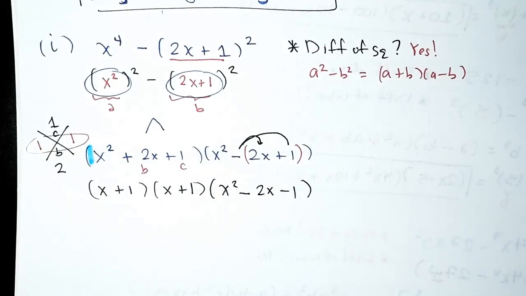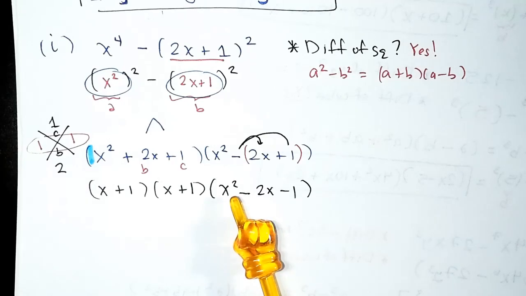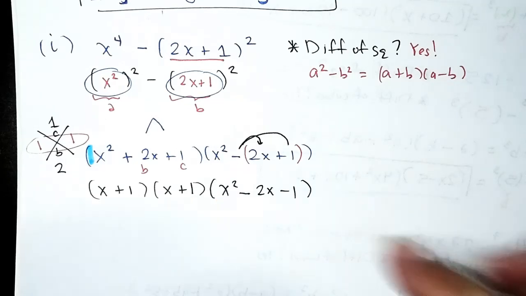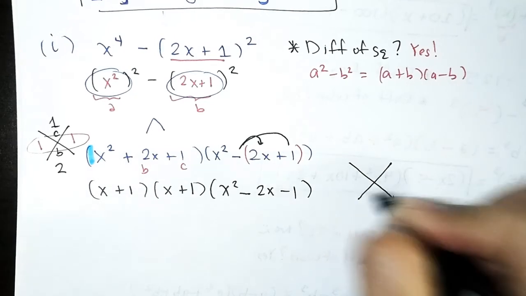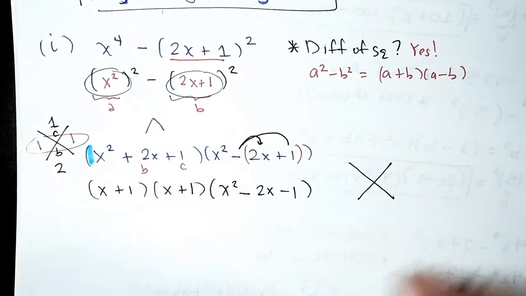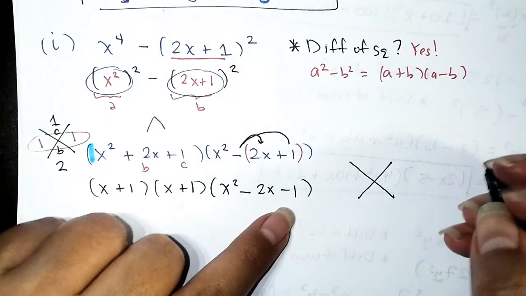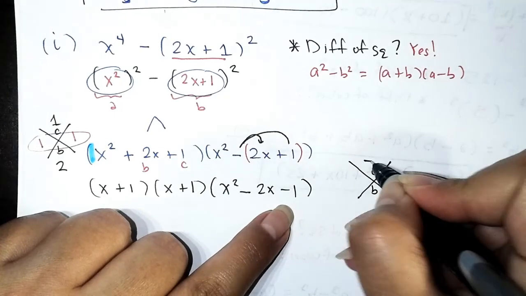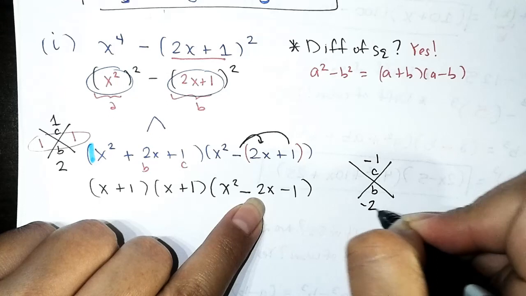I learned my lesson. If the degree is more than 1, then I have to ask myself, can I break it down more? Since the leading coefficient is 1, if it's factorable, we wouldn't have to do the x game. We would just throw down parentheses and then fill in the binomial factors. So let's see if it's factorable. We would want factors of c that add up to b, factors of -1 that add up to -2.